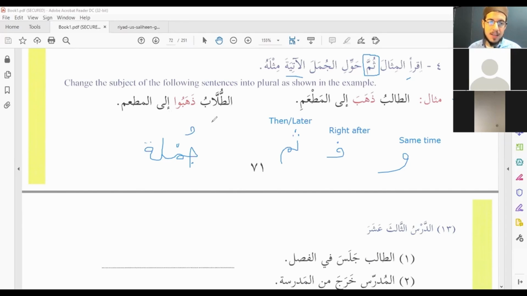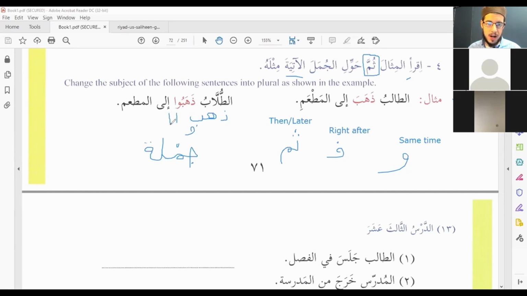If I were to make this a jumla fi'liya, then I would use ذهب الطلاب, even though الطلاب is plural. This is part of the Arabic language. It's considered eloquent. I've even heard some people say it's incorrect to say ذهبوا الطلاب.